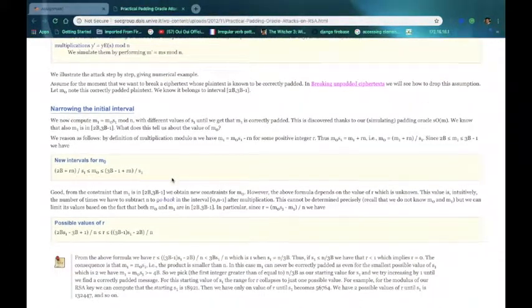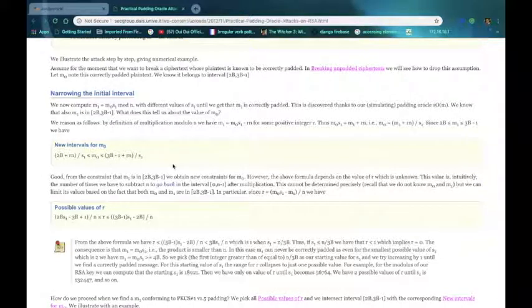So what lies ahead is a lot of maths which tries to reduce the interval in which the message might lie. For this, we have a different message called m1. m1 is m0 times some value s1 mod n. So we know that this m1 would lie in the interval 2B to 3B minus 1.